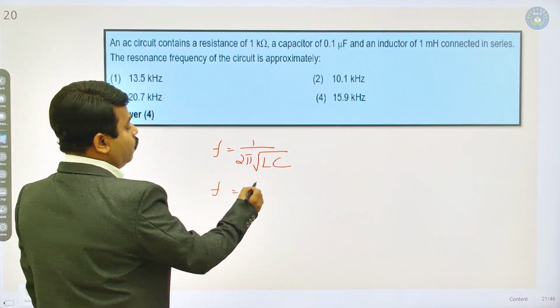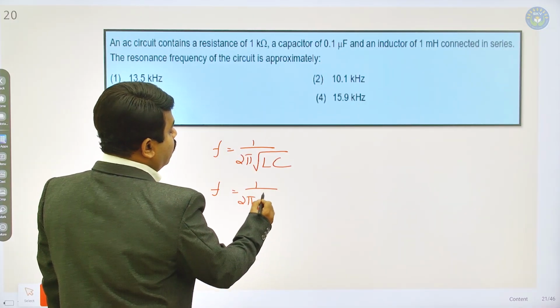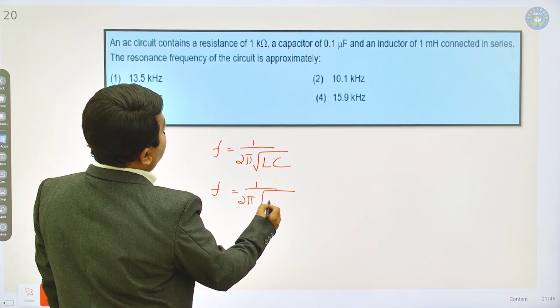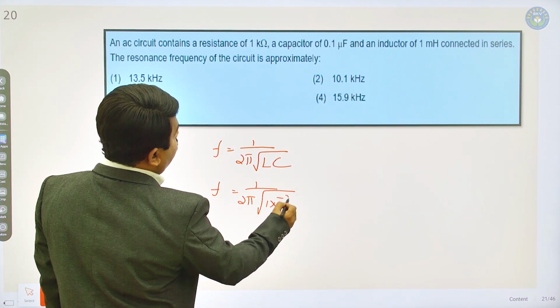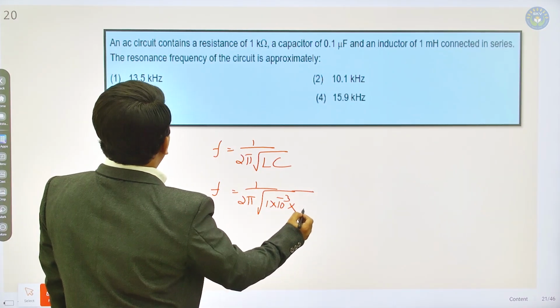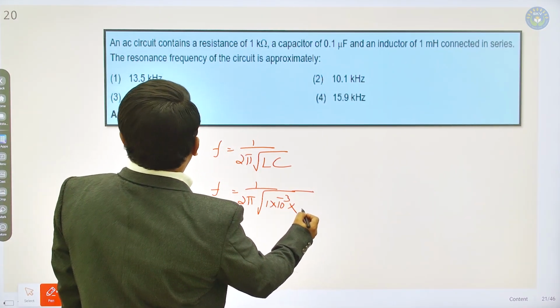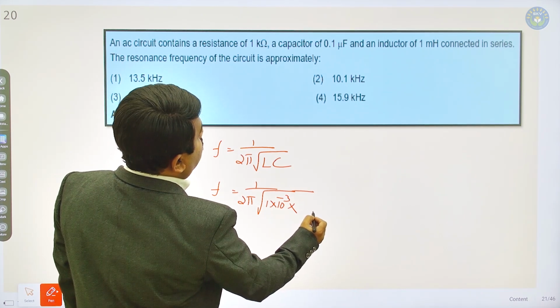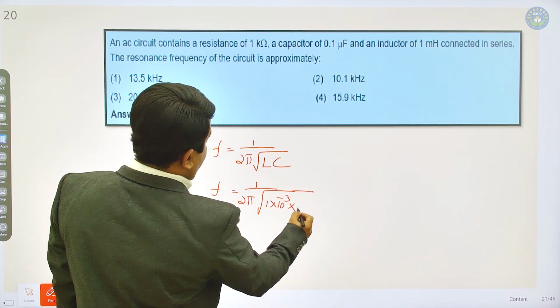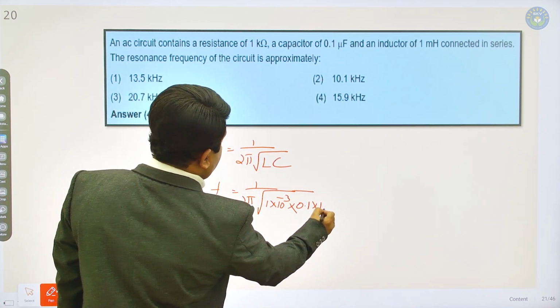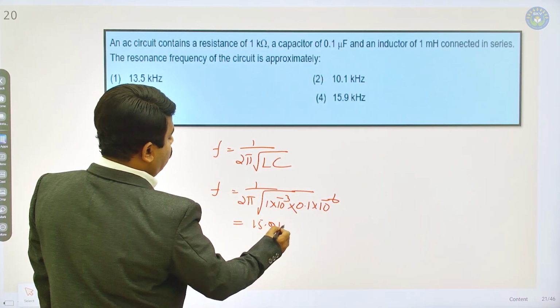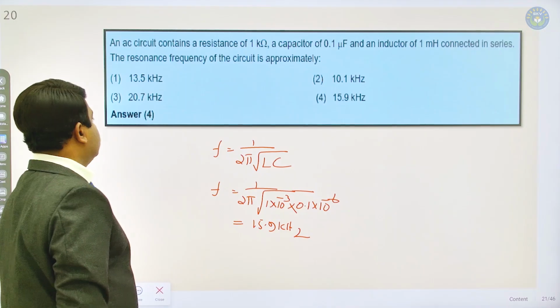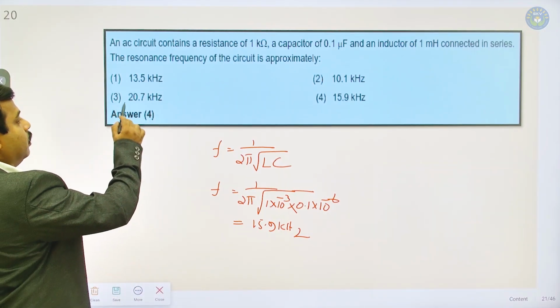F is equal to 1 by 2 pi root LC. L is given, that is 1 millihenry, that is 1 into 10 raised to minus 3, and C is 0.1 microfarad into 10 raised to minus 6. When you solve this, you get 15.9 kilohertz, right? Then option 4 is correct, right?